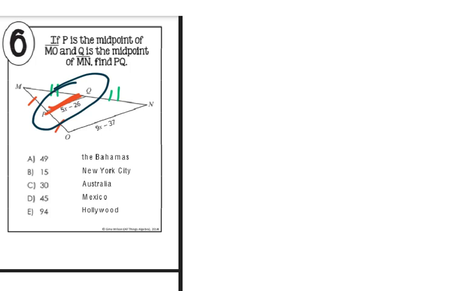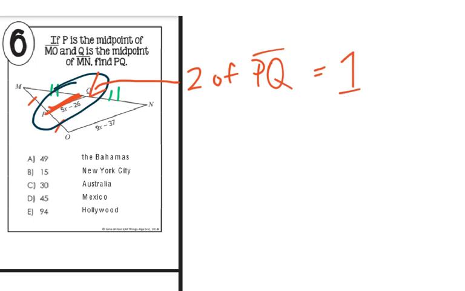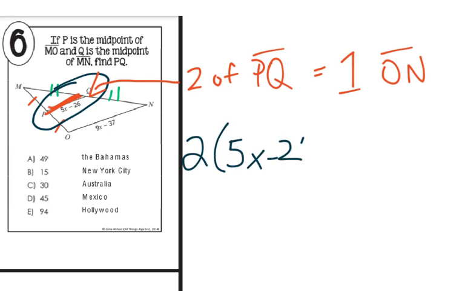Here's what I know. 2 of PQs equals 1 ON. Okay? So I'm just going to do 2 of them. So I'm going to say 2 of these, 5x minus 26, equals 1 of 9x minus 37.